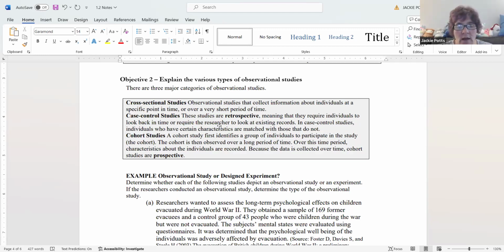Cohort is where we get a group of people who are allowed to be monitored over a period of time, and the characteristics are recorded. These are a type of prospective study.